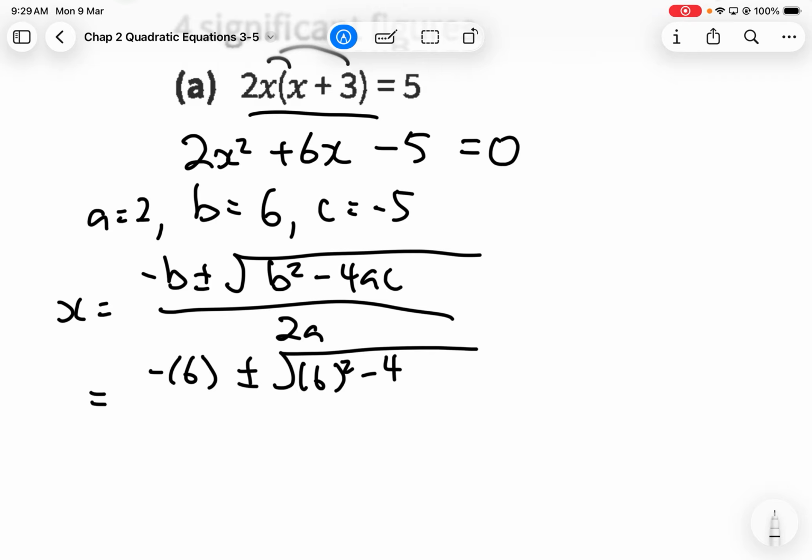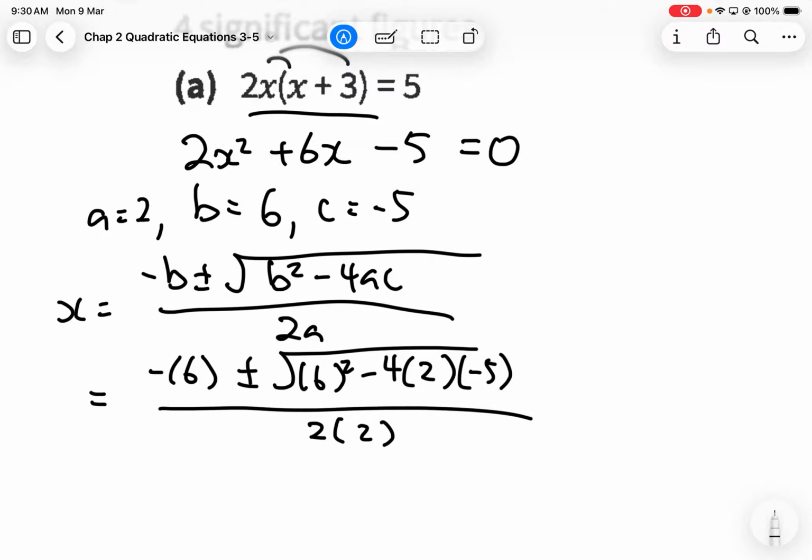I want to substitute A, put it in a bracket. Substitute C, put C in a bracket. 2A. Then press calculator. Press it with plus. Press the answer come out already, equal. Then cursor back until here. Change your plus to minus. Press equal again, it will give you the other answer.